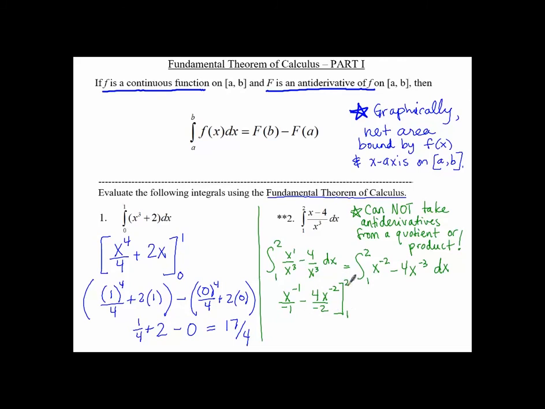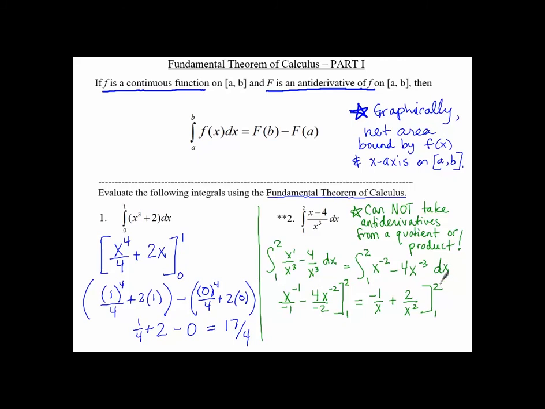Now, before I plug in the limits, I rewrite so I don't have any negative exponents. So this will put my x to the first in the denominator, negative 1 over x, negative 4 divided by negative 2, so plus 2 over x squared, and then my brackets to show I still have limits to plug in.